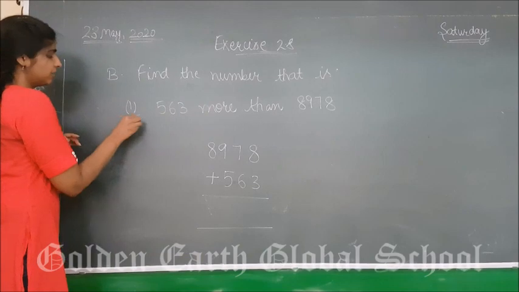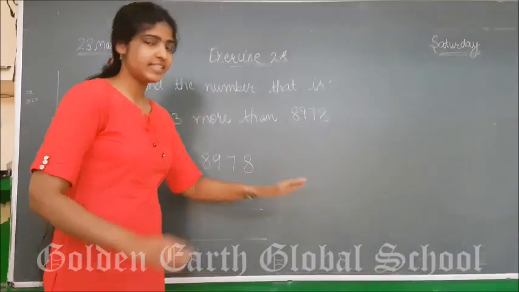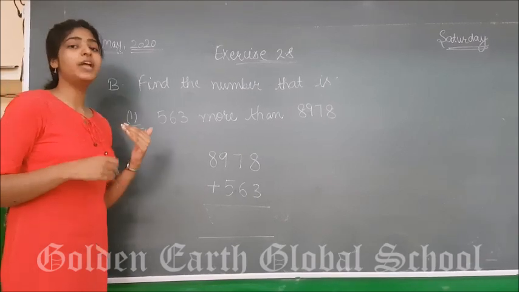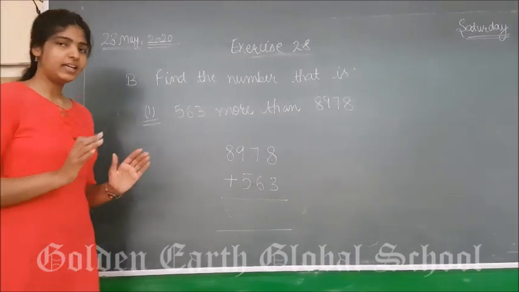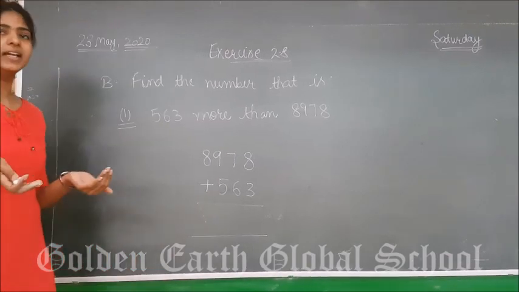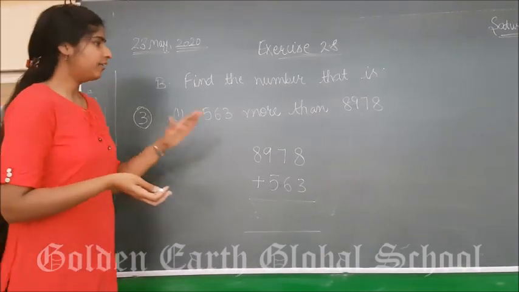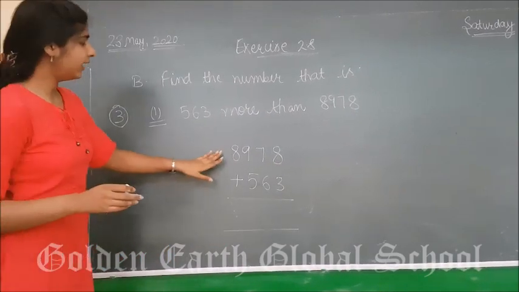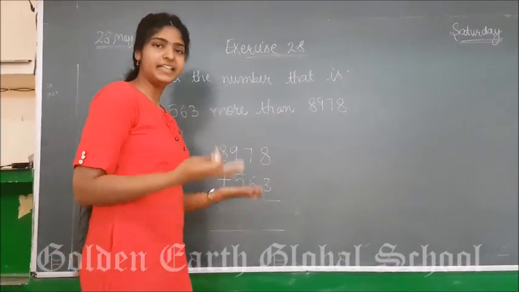I am doing the first part. हमें वो नंबर बताना है जो 8978 से कितना ज्यादा है? 563. कितना ज्यादा means we have to use the concept of addition. अगर मैं आपसे पूछूं कि 10 is how much more than 7, आप क्या यूज करोगे? तो आप बोलोगे ना कि 3 ज्यादा है। वैसे ही 8978 में हम more than 563, so 8978 plus 563, we use the concept of addition.